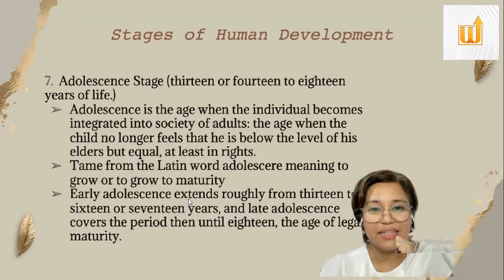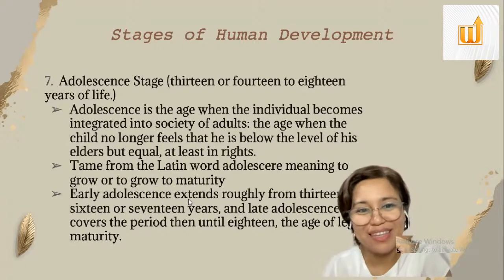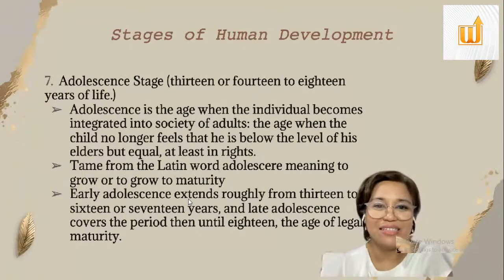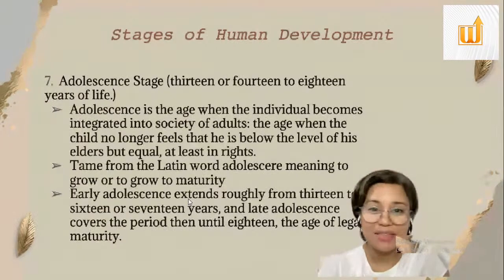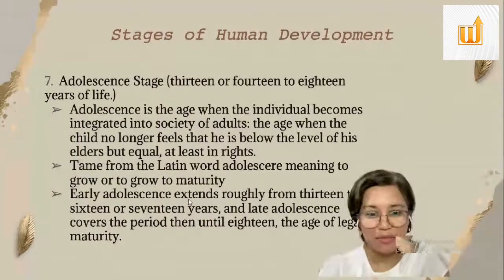The adolescent, no, is an exciting person to meet because adolescence is the age when the individual becomes integrated into the adult life. So they are not yet adult, but they are not children anymore.